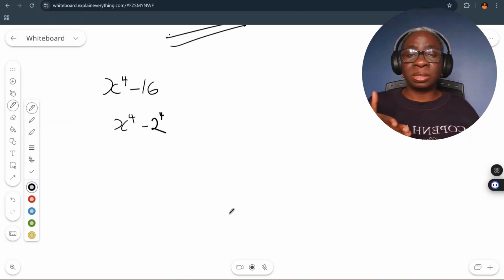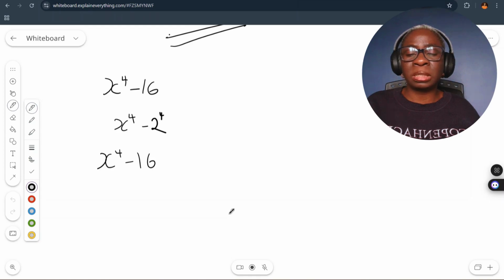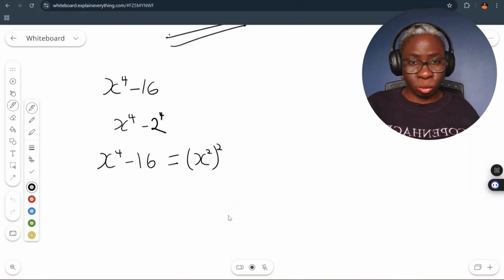To make it easy to solve, let's just take x raised to power 4 minus 16. Let's do it in 2. So this is the same thing as x squared raised to power 2, right? Then this will be the same thing as 2 squared raised to power 2.